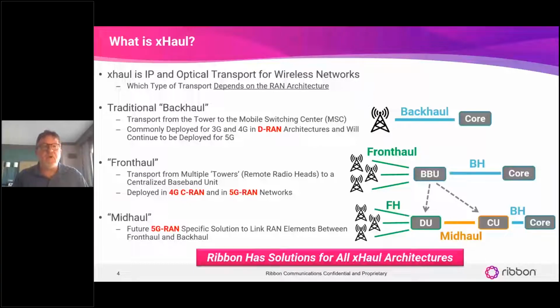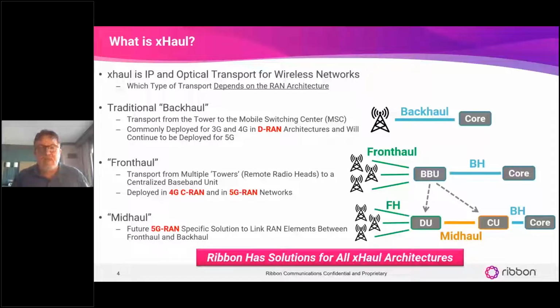That's all it means, right? Which type, whether it's backhaul, front haul, or mid haul, depends on where it is in the network and what purpose it's serving, right? And as you'll see here in a moment, you can actually have front haul, mid haul, and backhaul all in the same network because they perform different tasks.